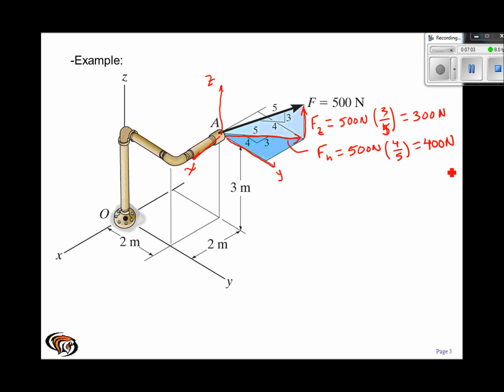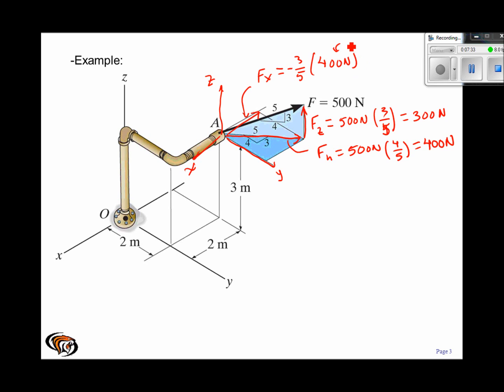Now we take that horizontal component and we break it up into components along the X and Y axis. Notice the X component is going to be a negative. So F of X will be a negative 3 over 5 times the 400 newtons.